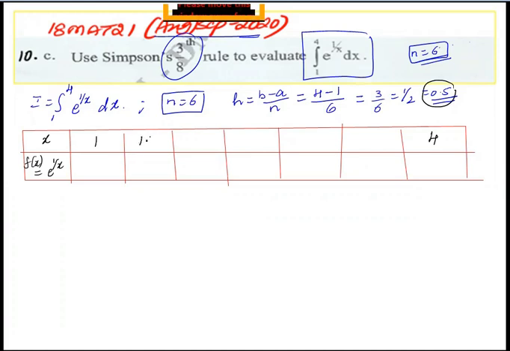So here 1 to 1.5, 2, 2.5, 3, 3.5, and the last value is 4, that's equal to b. Similarly, find here e to the power 1 by x value. For x is 1, you can use the calculator: store answer as 1, then e power 1 divided by answer.